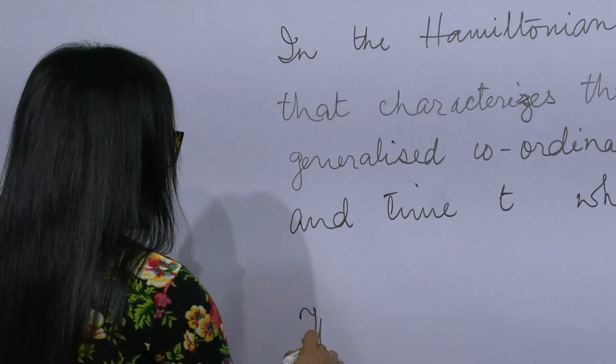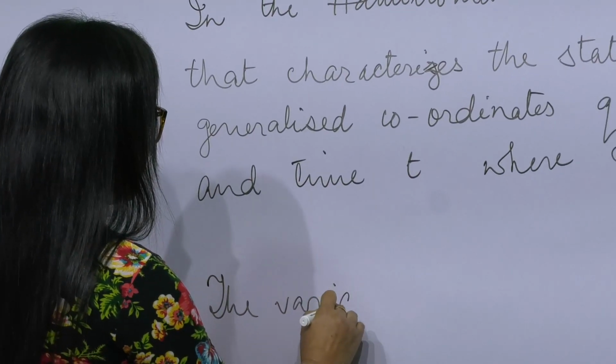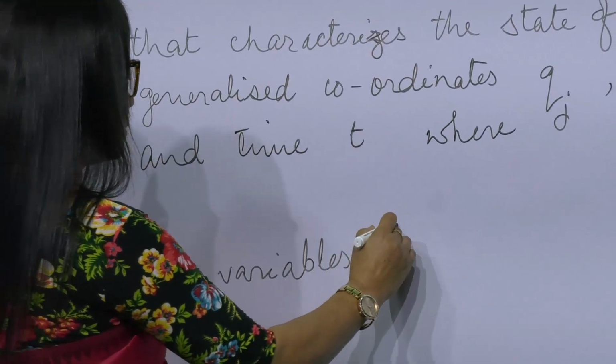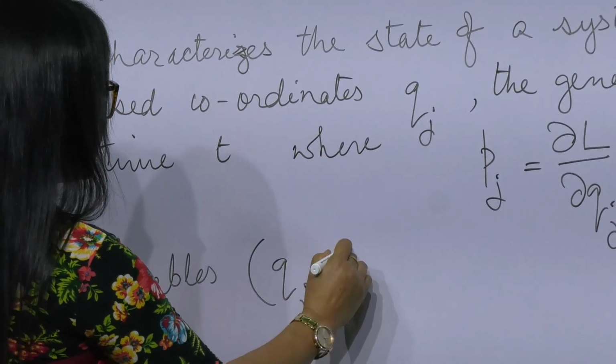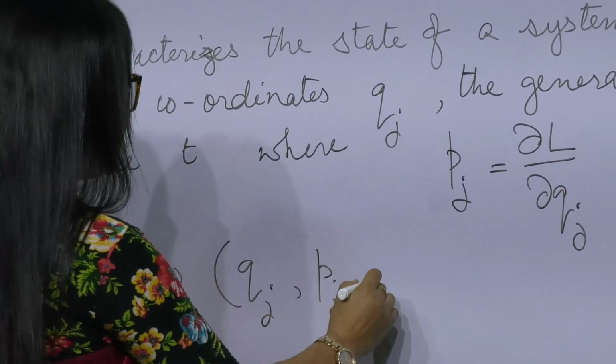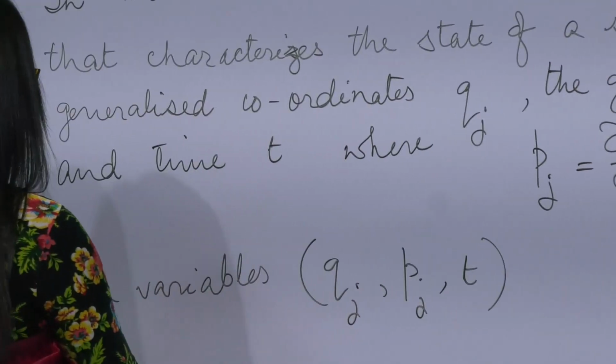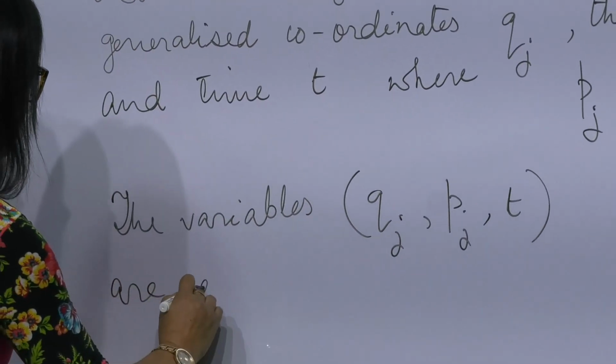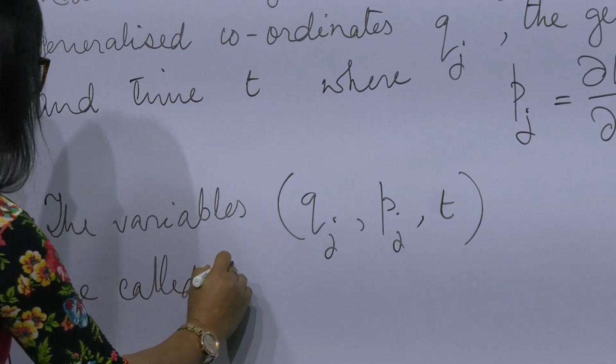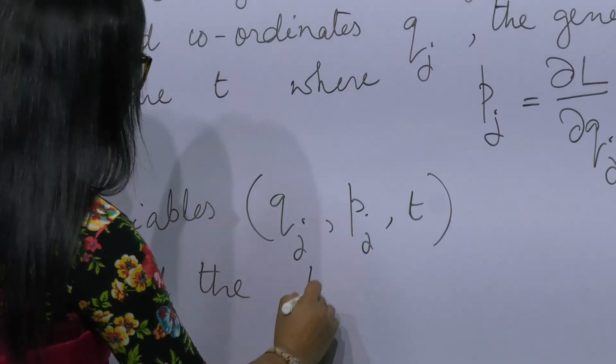The variables Qj, Pj, t are called the Hamiltonian variables.